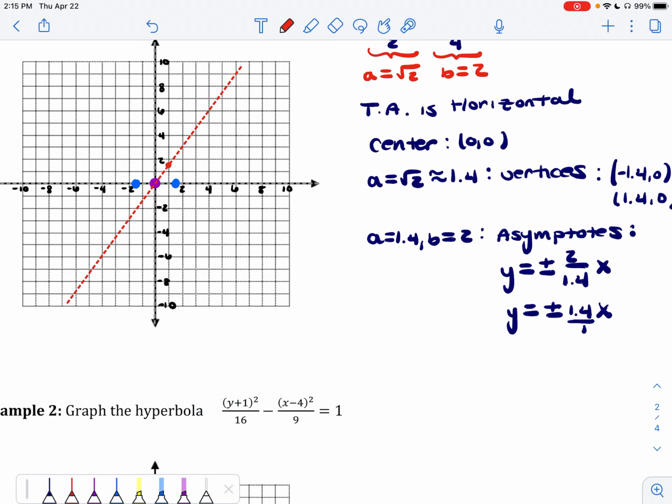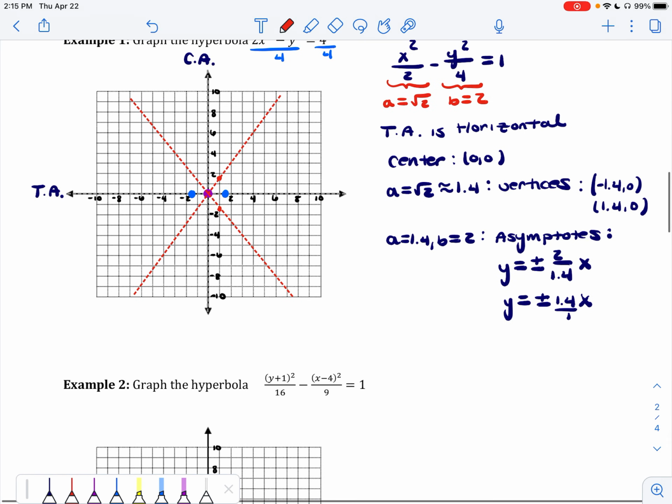Okay, and then the negative, so from my center, it's going to go down 1.4 and right 1. And again, just connect those with a straight line. And we'll have our other asymptote as well. Well, those aren't perfect for sure, but you get the idea.